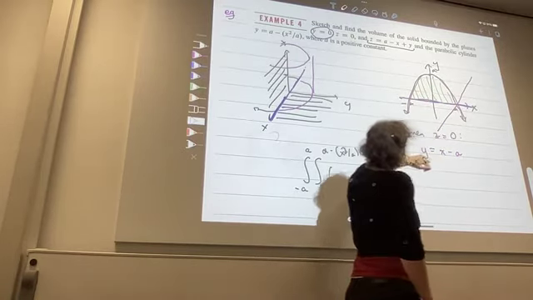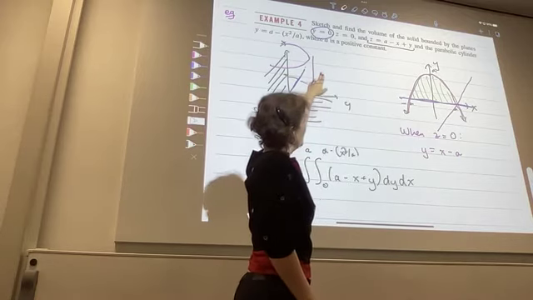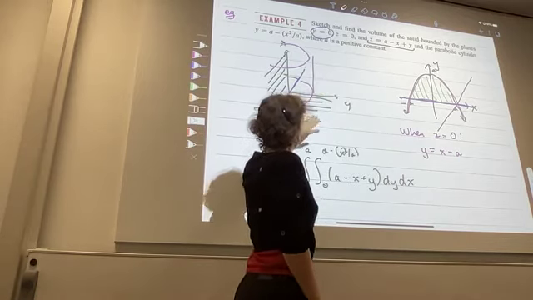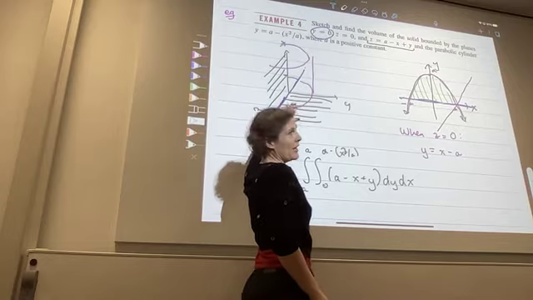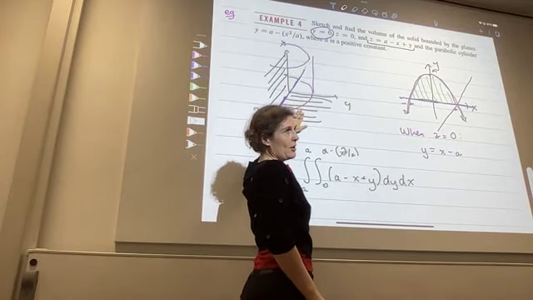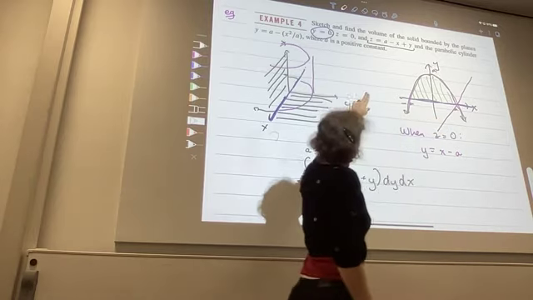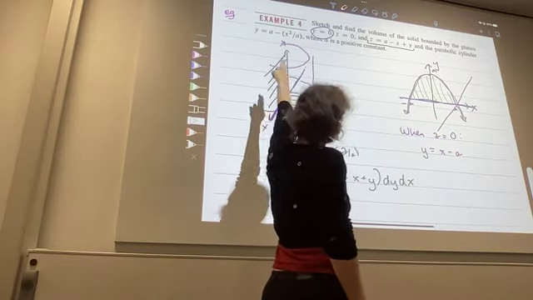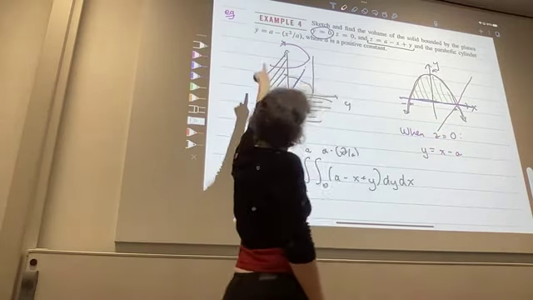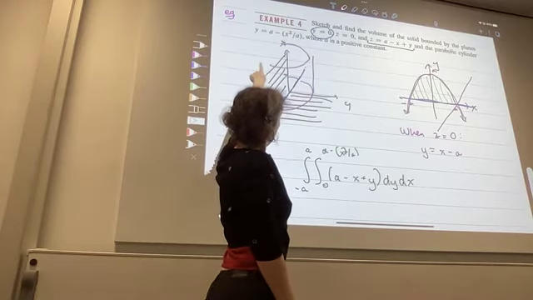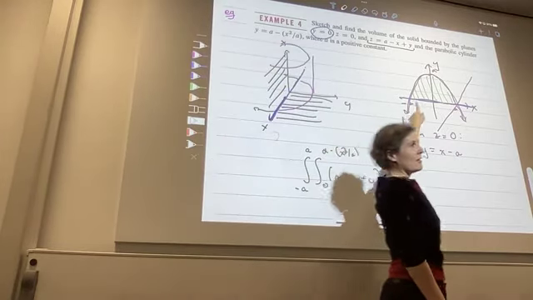Z is equal to 0 says that I'm integrating from the xy plane either up or down, so it doesn't change this at all. I'm going to come back to that. Looking at this, I know that this has to be true, and so I sketch this.